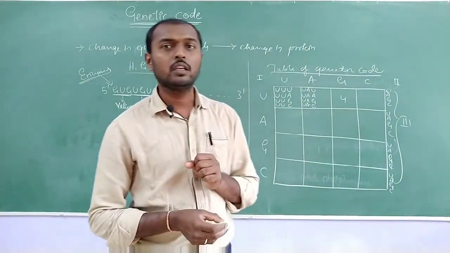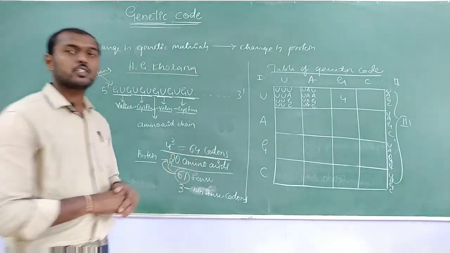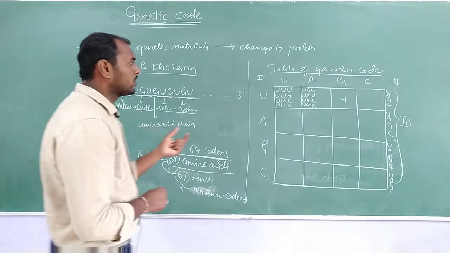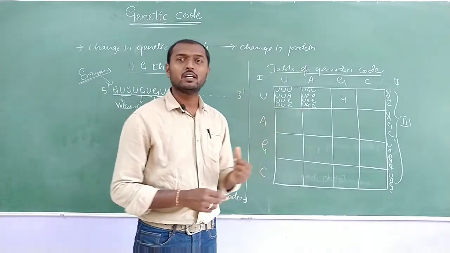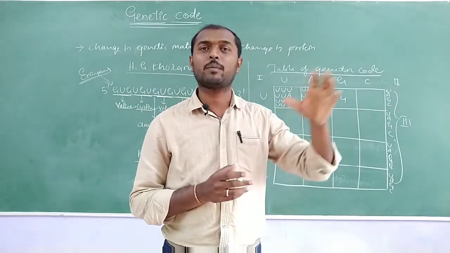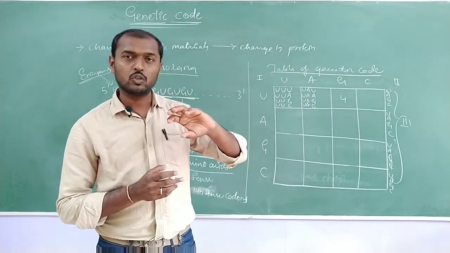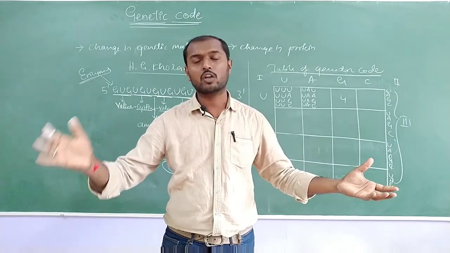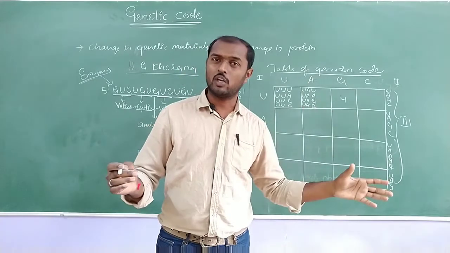This is regarding the genetic code. Okay, so what is the genetic code? The genetic code is a triplet, and it is present on the mRNA, and it is going to take the information from the DNA and transfer that information from polynucleotide to polypeptide.